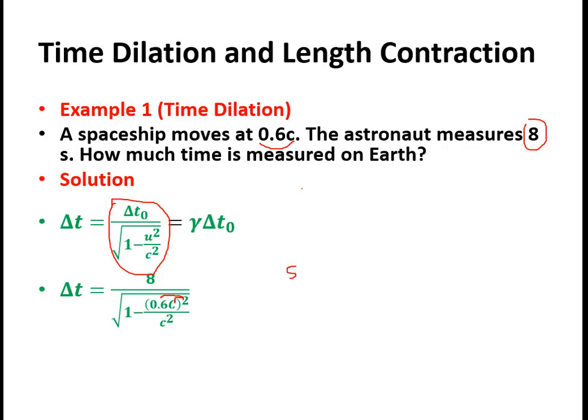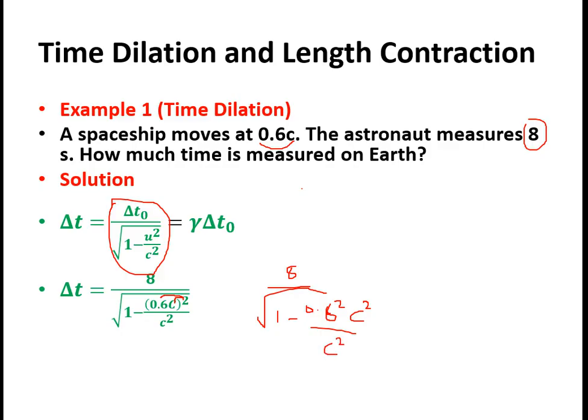We would have 8 divided by square root of 1 minus 0.6 square. This becomes 0.6 square c square divided by c square.